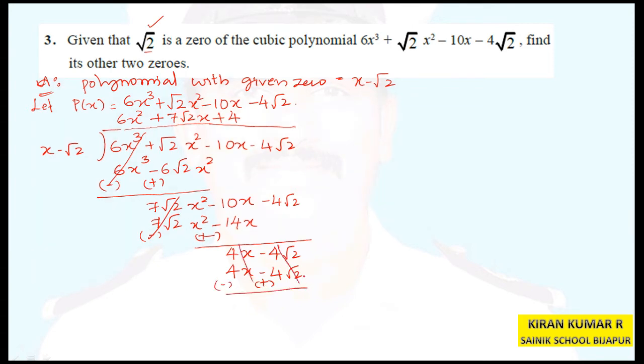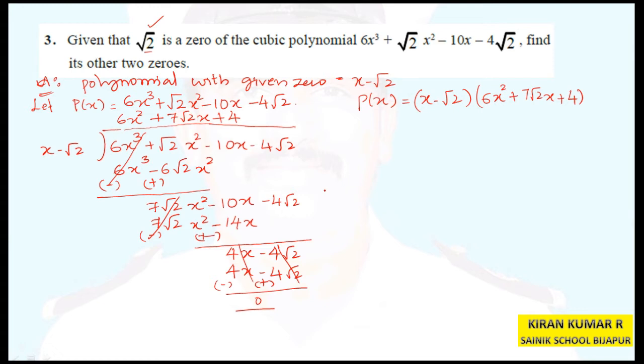Both these terms will get cancelled and we get the remainder 0. This means that the given polynomial p of x is the product of x minus root 2 multiplied with x squared plus 7 root 2x plus 4.